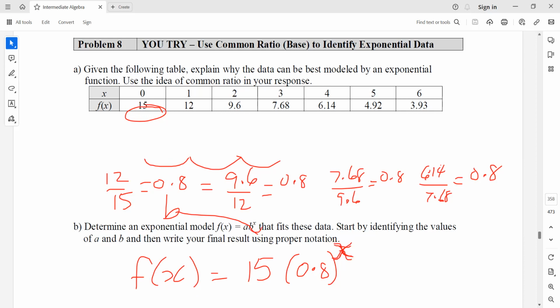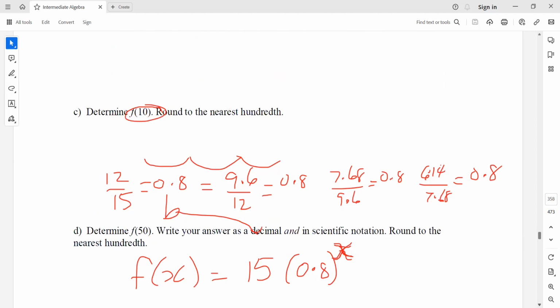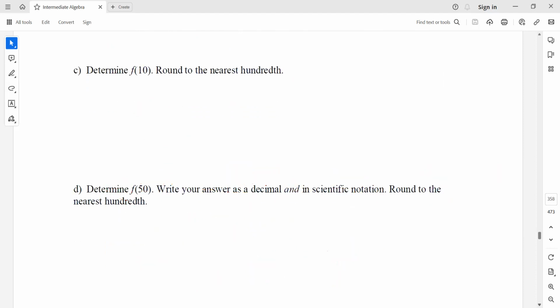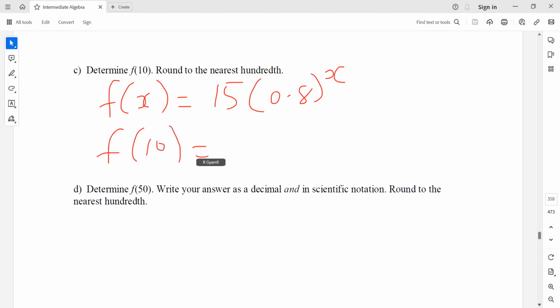And that's it, you're done. Now, what about c? For c, it says find f of 10. So you have your exponential, and you put in 15 times 0.8 to the power 10.